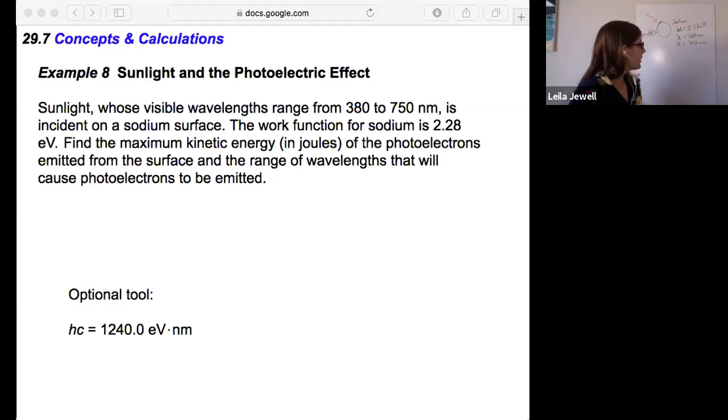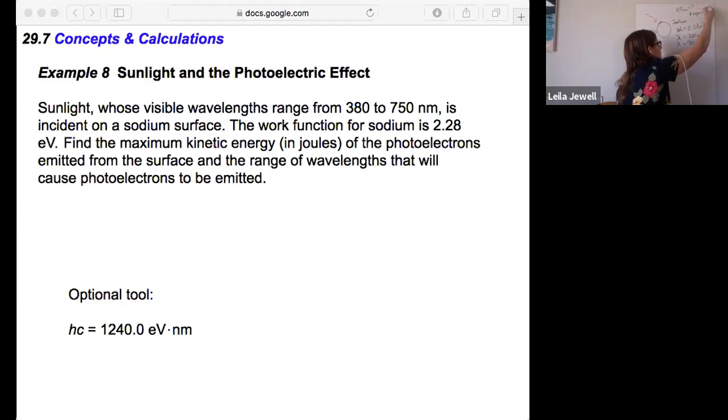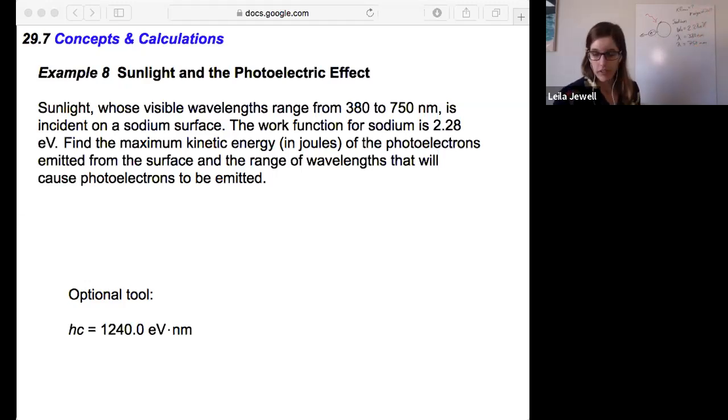Keeping in mind what we want to find: the maximum kinetic energy from these visible wavelengths, and also the range of wavelengths that will cause photoelectrons to be emitted. So that's a good note to have up there.